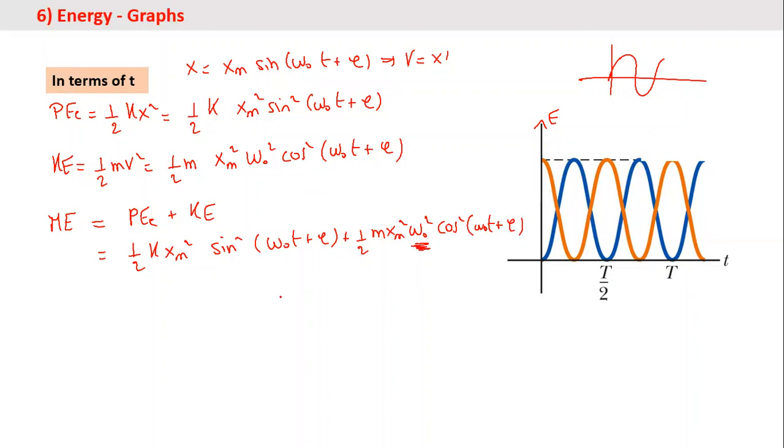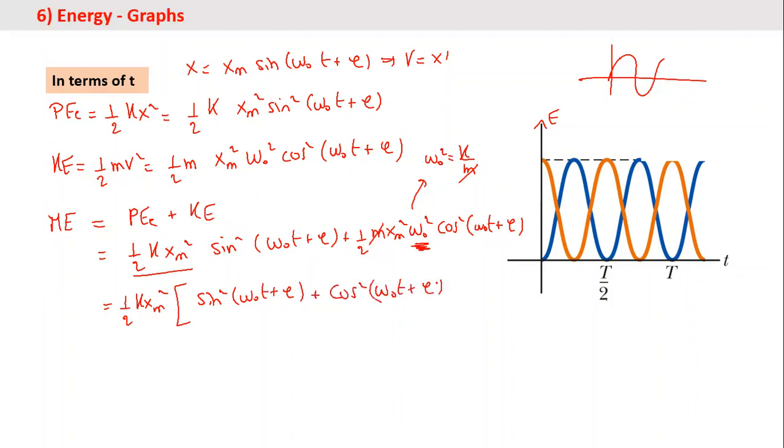Here I must notice that I have omega 0 square, and omega 0 square is equal to k over m. So if I put k over m, the m will be simplified, and I will still have half kxm square in both terms, so I can take it as common factor. Inside I have sine square omega 0 t plus phi plus cosine square omega 0 t plus phi, and this is all equal to 1.